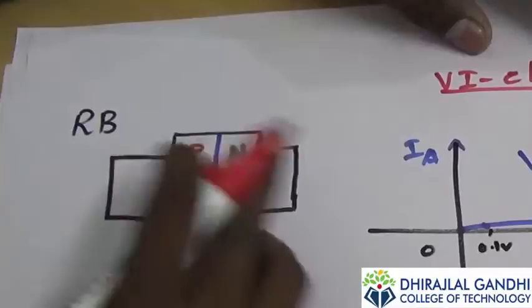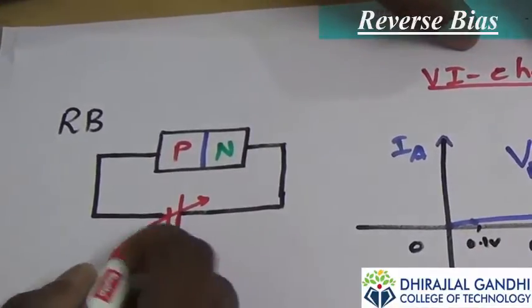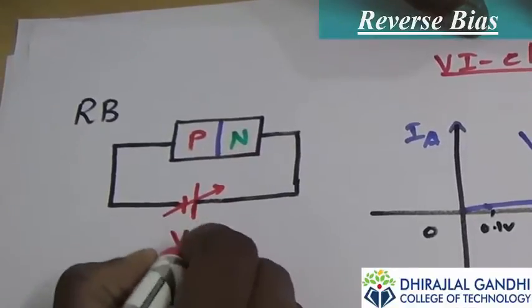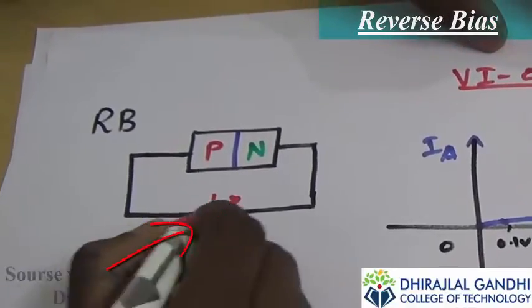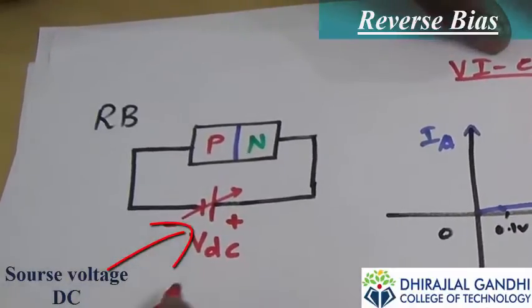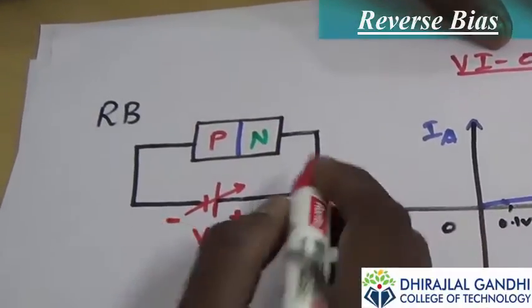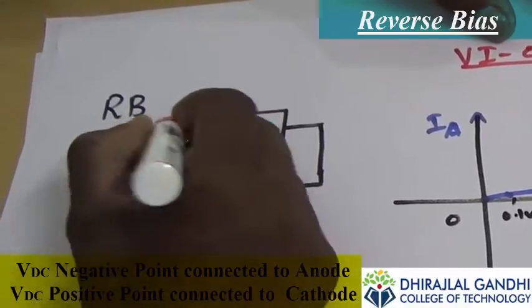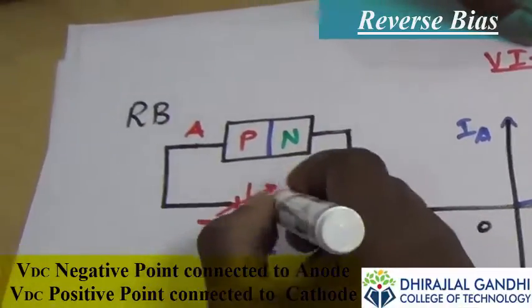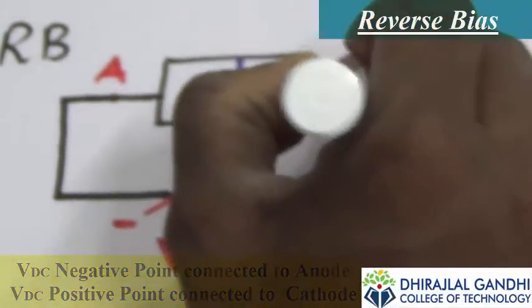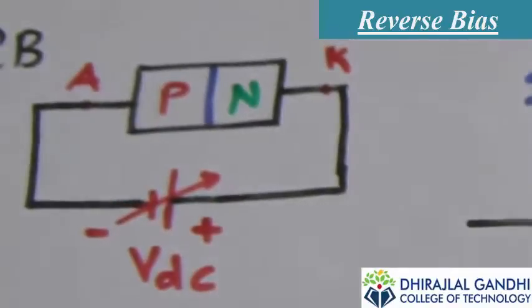So this is the functional arrangement of the reverse bias. The variable DC source is connected across the diode, but the negative terminal is connected with the anode of the diode. The positive terminal of the source is connected with the cathode of the diode.